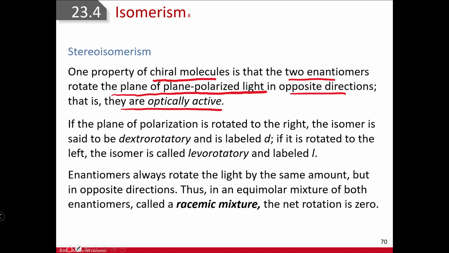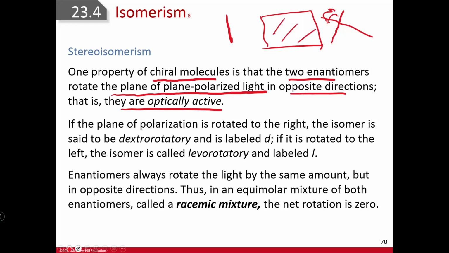All right, so what this means is that we're going to take a light that's in one plane, maybe it's up and down like this, and we're going to pass it through this chemical in a tube, and then this is going to rotate one way or the other. So this either rotates this way or it rotates this way. And that's what they mean by optically active. The enantiomers are optically active.